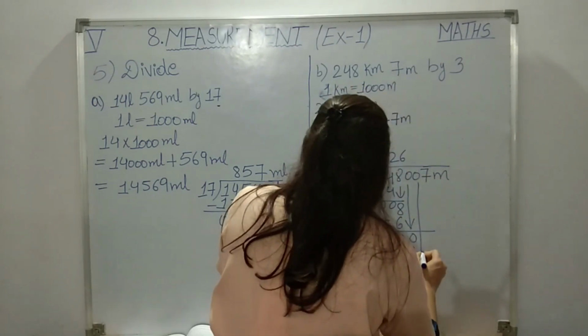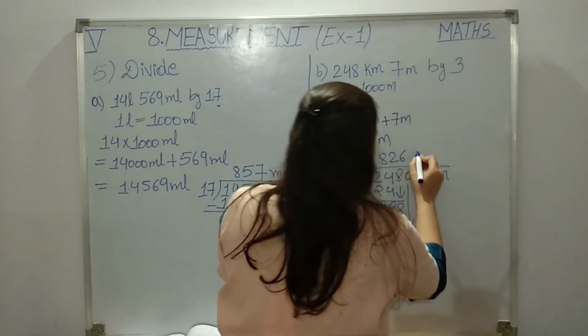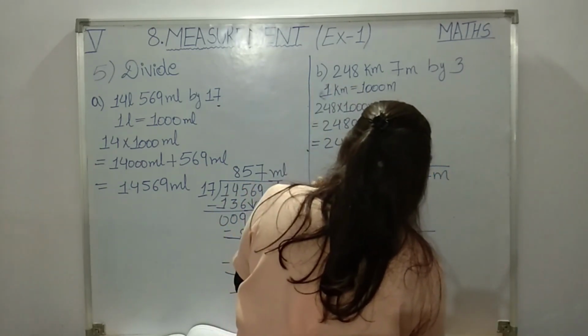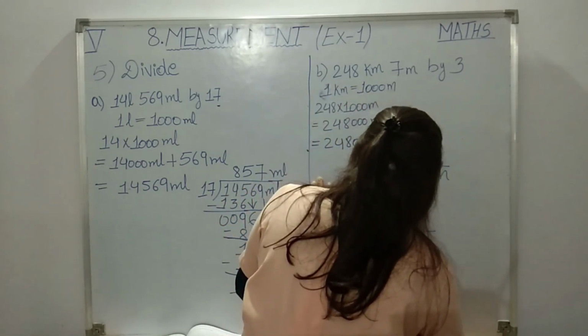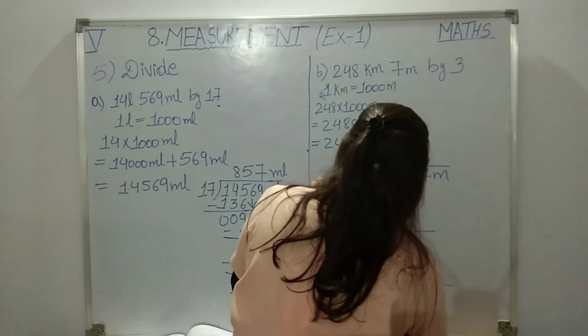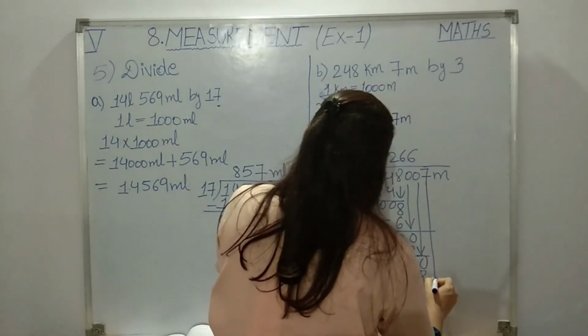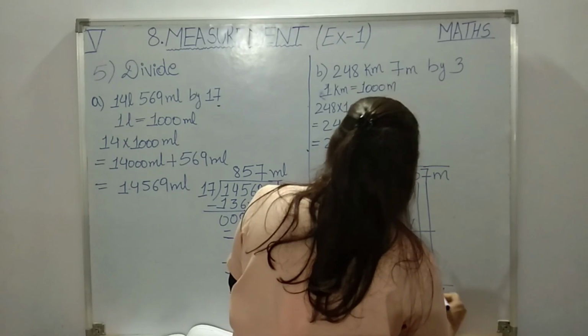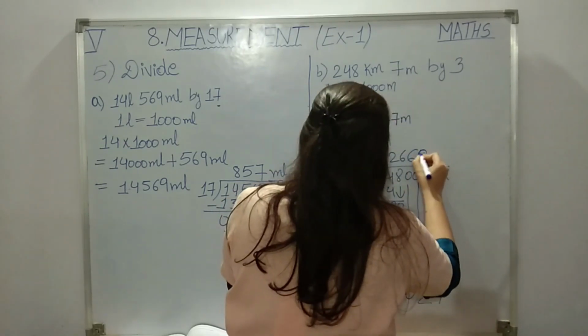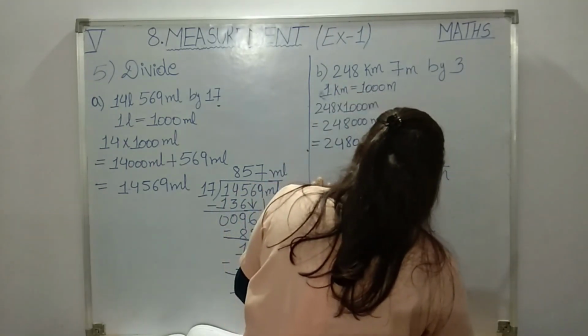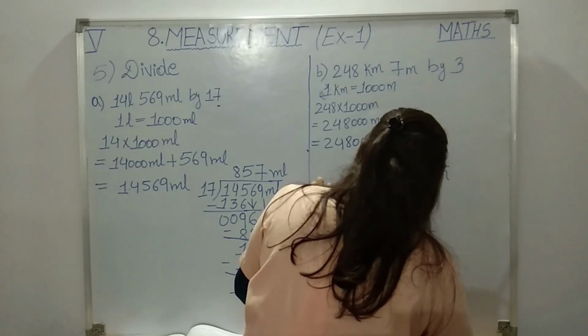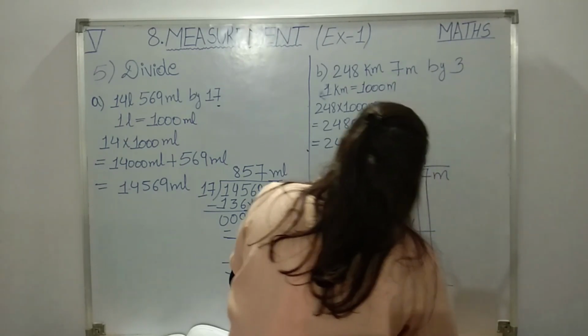Again we are going to take 0 here. Again same thing, 3 6s are 18, 2 left. Now at last 7, and we know that 3 9s are 27. So here finally our remainder will be 0.